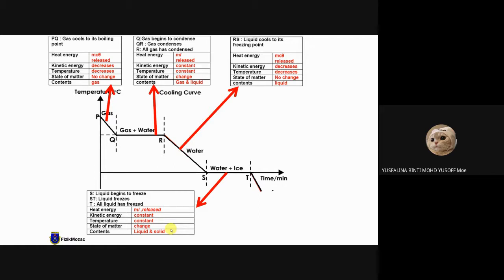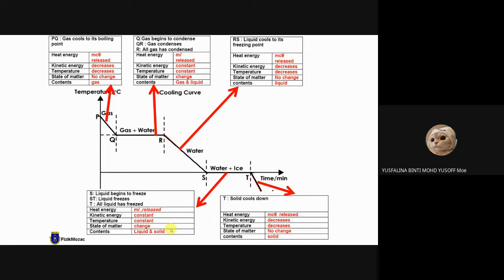And the temperature must be constant because all the energy is used to form a bond between the molecules. And this one is the solid, MC theta, specific heat capacity, the kinetic energy and the temperature decrease, and there is no change of state of matter. And the content is solid.